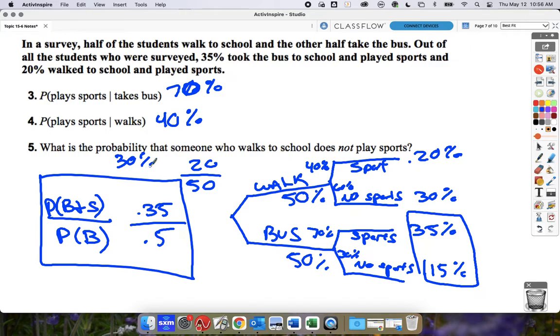Let's see if the book has the answer. I'm going to go with 60. Harry, you're going with 60? Yeah.